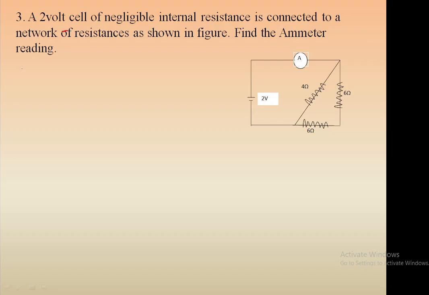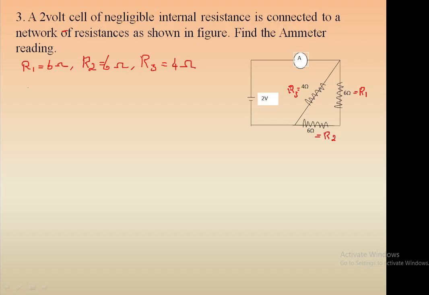So let us write. This 6 ohm is taken as R1, this is considered as R2, and the 4 ohm can be considered as R3. R1 is 6 ohm, R2 is again 6 ohm, and R3 is 4 ohm.